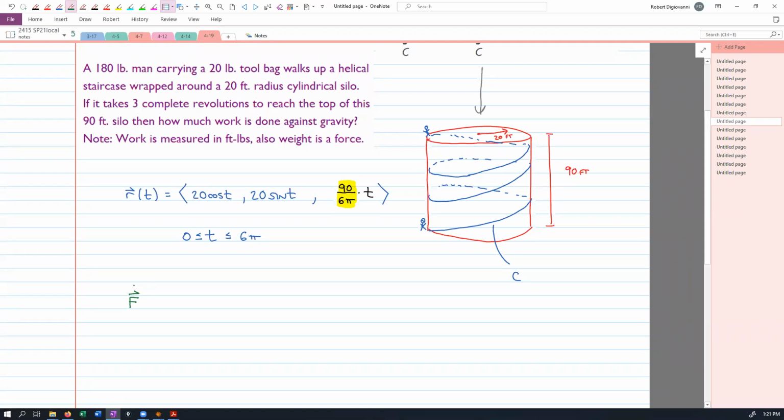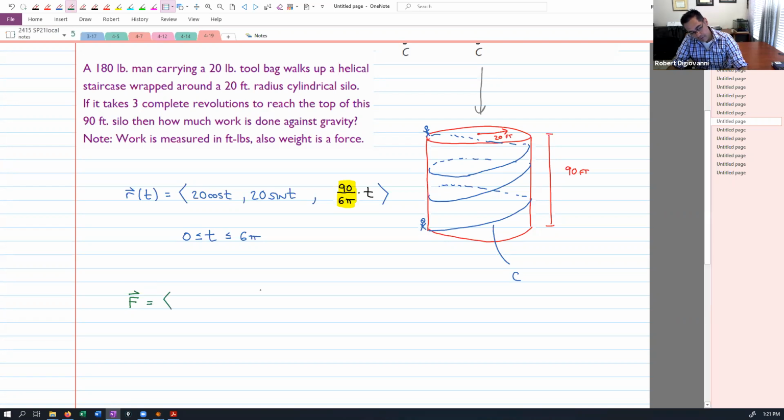We're in feet, so it's whatever the gravitational constant for feet is. Yeah, so the field is the force of gravity. That's the only thing we are working against here. So the field should just be the force of gravity, which would be straight down, wouldn't it?